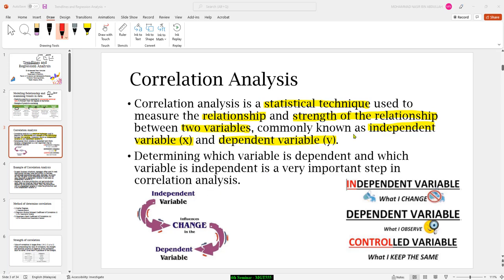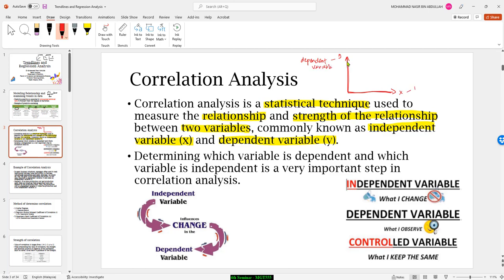So there are two variables, which are the independent variable and the dependent variable. So in a graph, we have to look at the graph first. Are you familiar with the graph, right? So we have the y-axis, this is the y-axis, and this is the x-axis. In a graph, remember this one. So the y-axis is for the dependent variable.